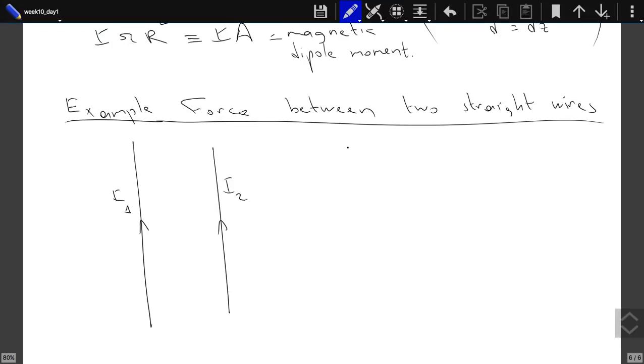First, let's calculate the force acting on the first wire due to the second wire. Since the second wire is exerting the force, first we have to identify the magnetic field created by the second wire. Now, what is the direction of the magnetic field created by the second wire at the position of the first wire?